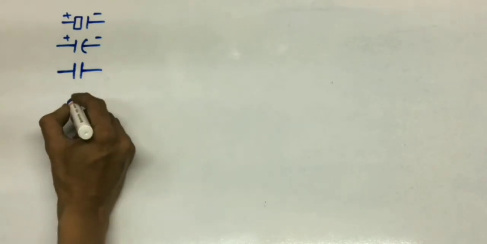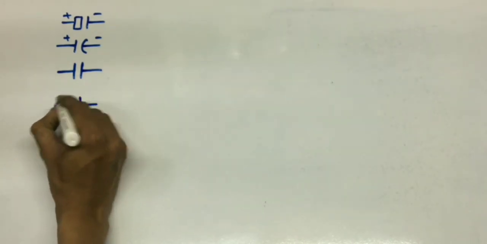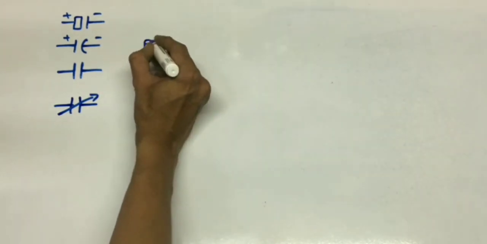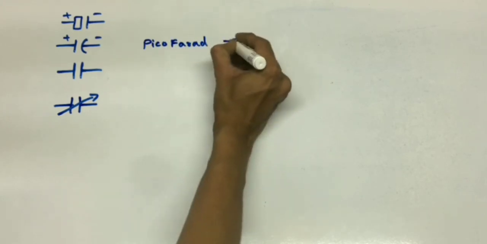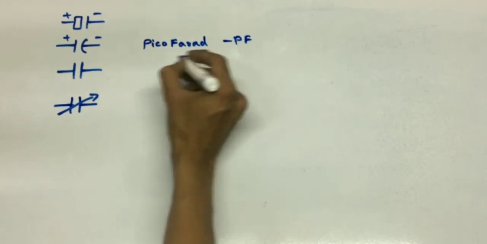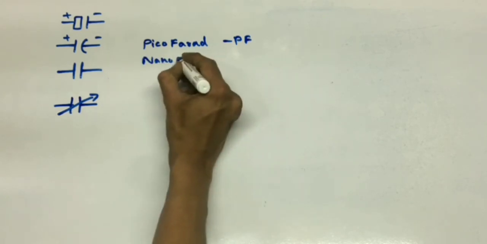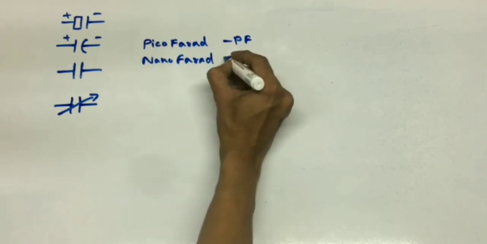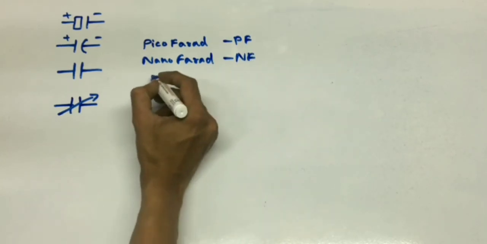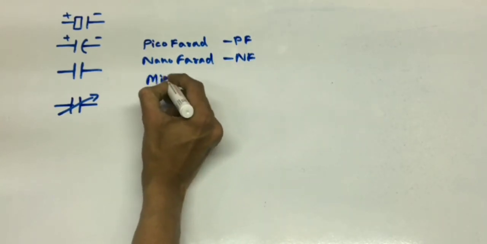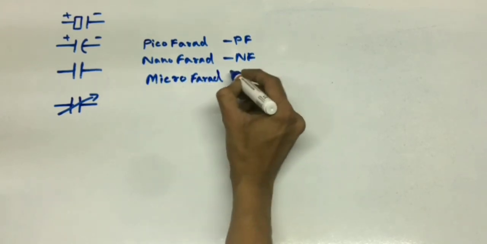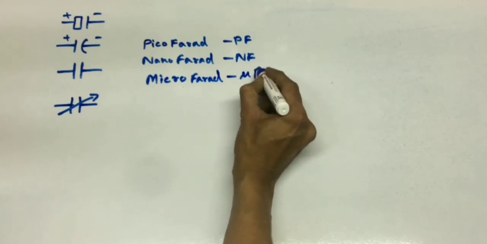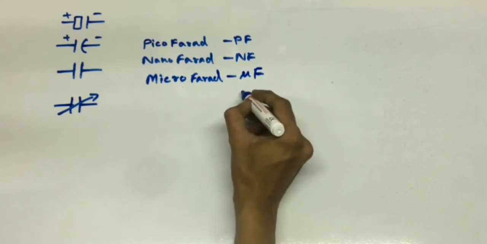And there are some variable capacitors also. Capacitance comes in picofarad, PF, then nanofarad, NF, microfarad, µF, and farad.